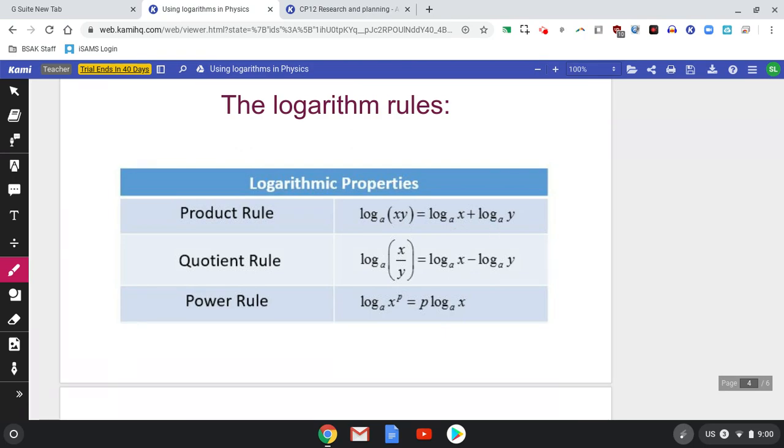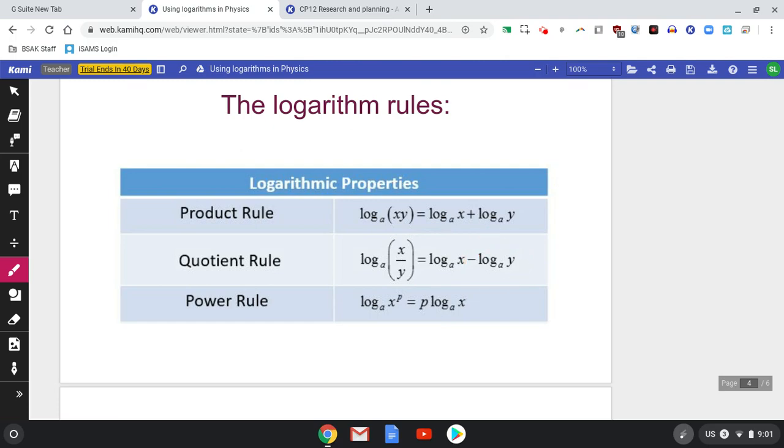Right, the logarithm of a product is equal to the sum of the individual logarithms. So log xy is equal to log x plus log y.